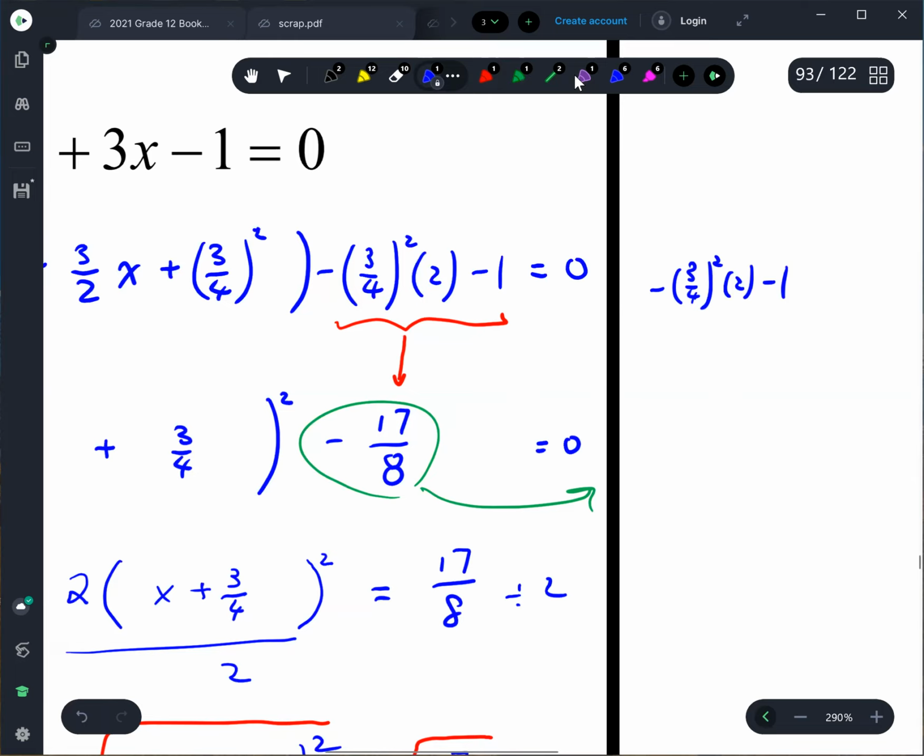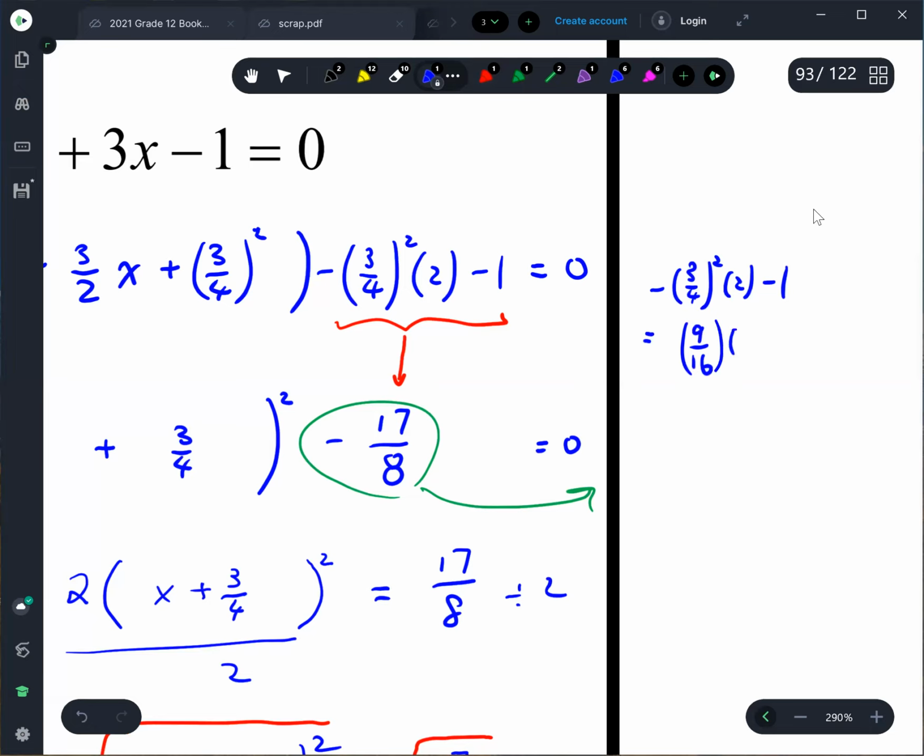If we follow the order of operation, Kat, what do we do first? Exponent? Yeah, the exponent is on the 3 over 4, so it becomes 9 over 16.